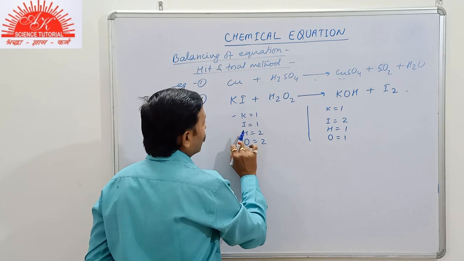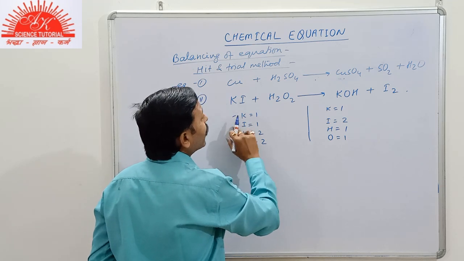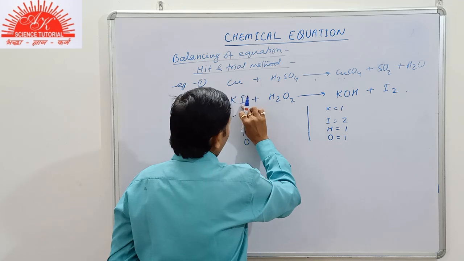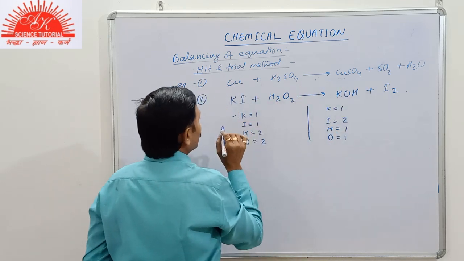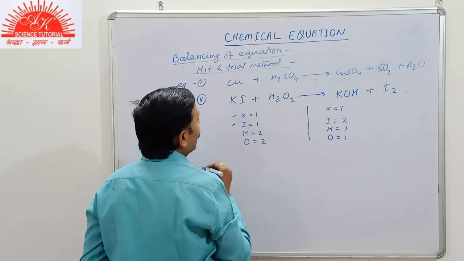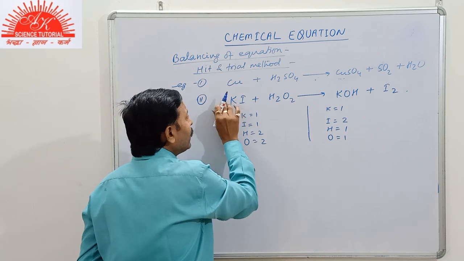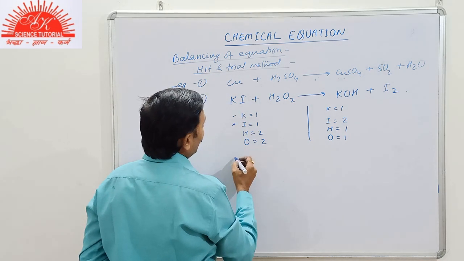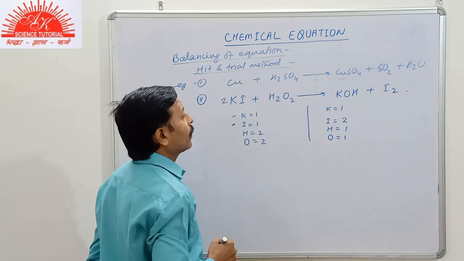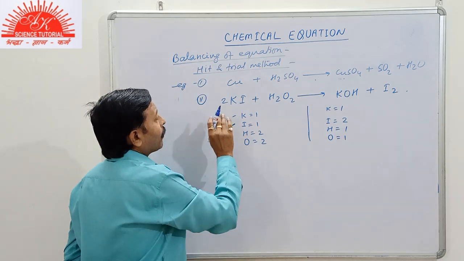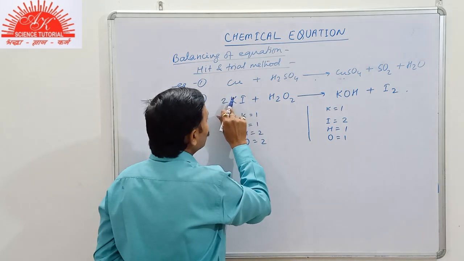Hydrogen on this side, come for hydrogen. You can take another part also. Potassium 1, here 2. So you can balance the iodine now. Here it is 2, so now place 2 here. Now you see, potassium will be 2 on this side.